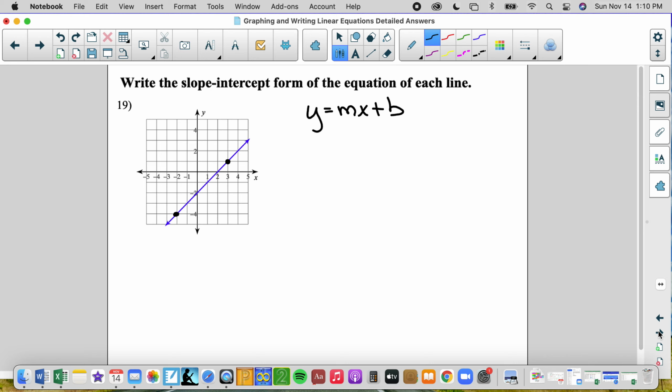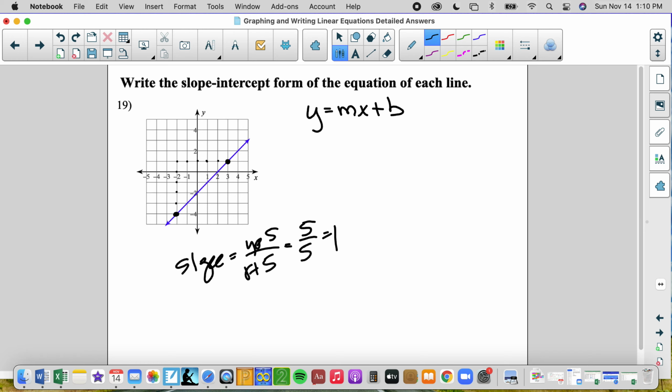Well, the slope's going to go from one point to the other. We go up 1, 2, 3, 4, 5. Right 1, 2, 3, 4, 5. So I know that my slope is up 5, right 5, which translates to up is positive 5, right is positive 5, so I have a slope of 1.